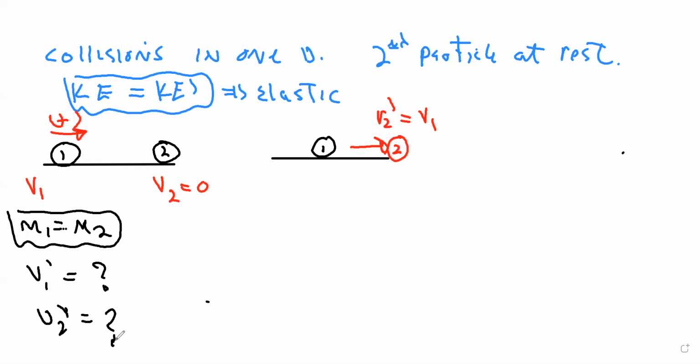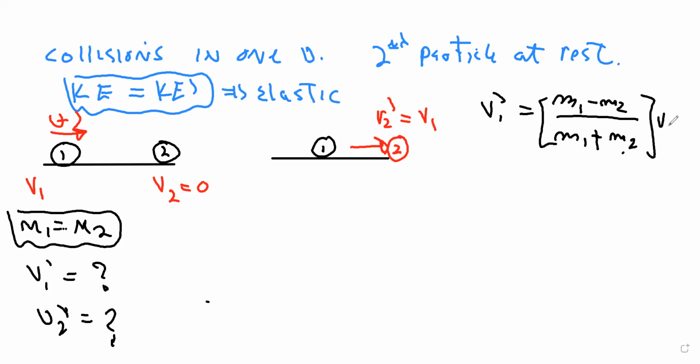So we could use these equations: V1 prime is (M1 minus M2) over (M1 plus M2), multiplied by V1.